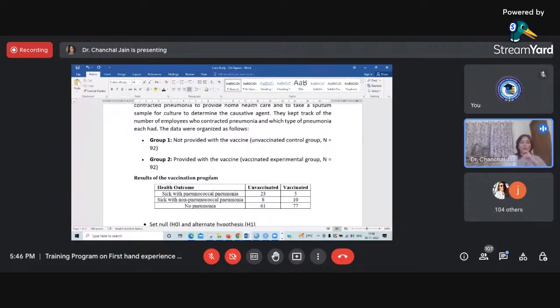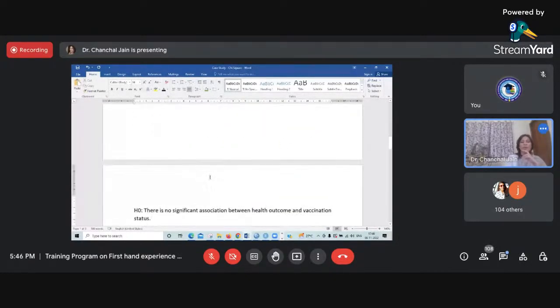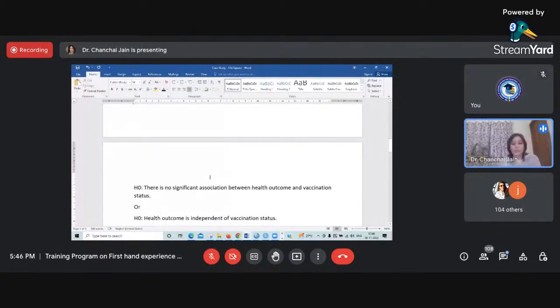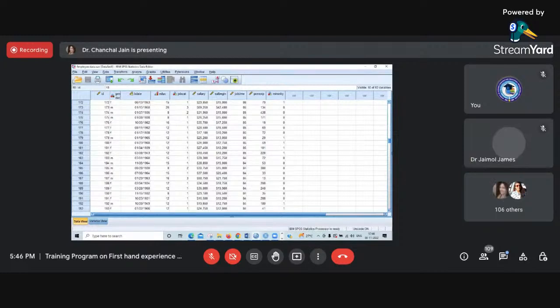For those two variables we formulate this kind of hypothesis, and then we will go to SPSS to test that hypothesis. So can I go to SPSS? Yes? Okay, thank you so much.